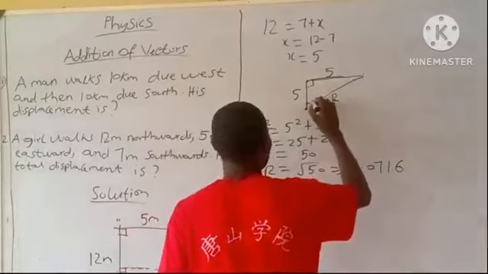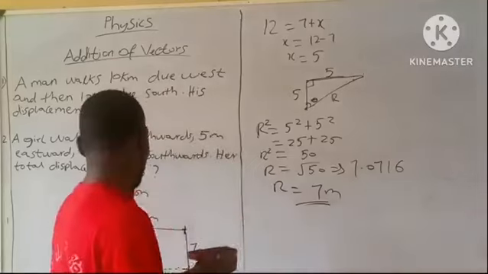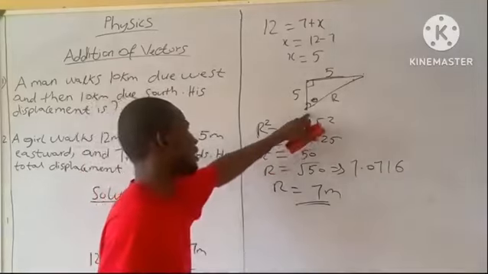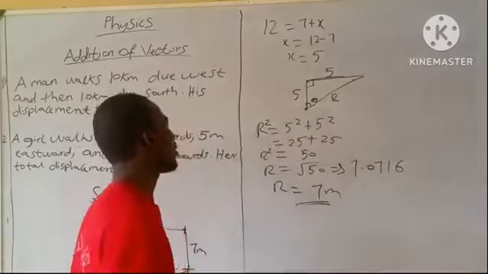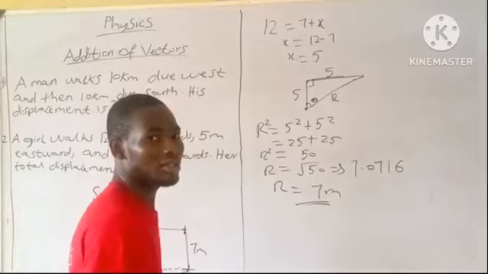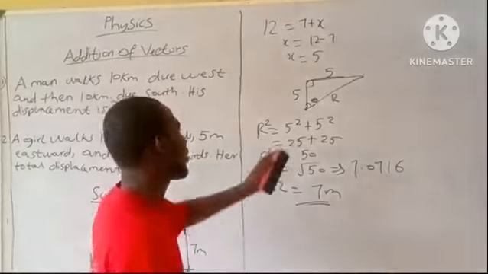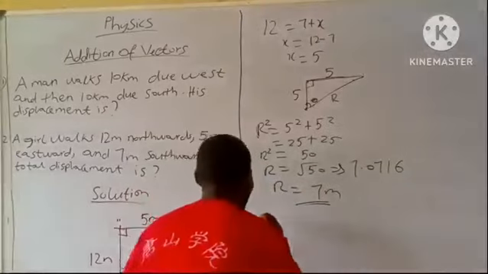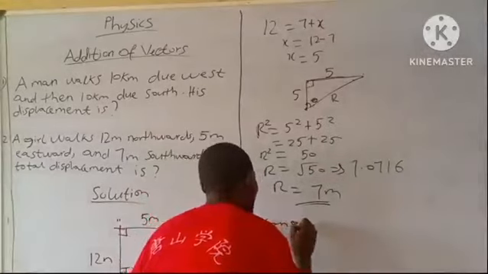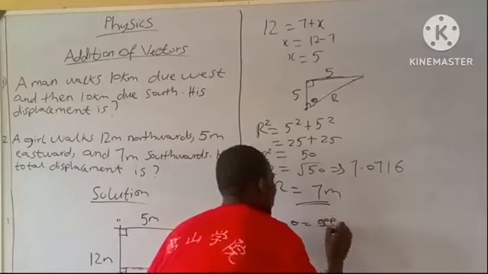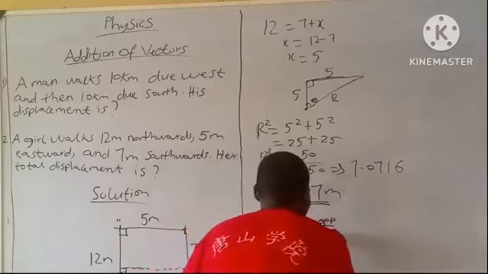This is where it started, this is theta. Now, what do you do next? So now, how do you get the theta? Remember that tan theta is equal to opposite over adjacent.